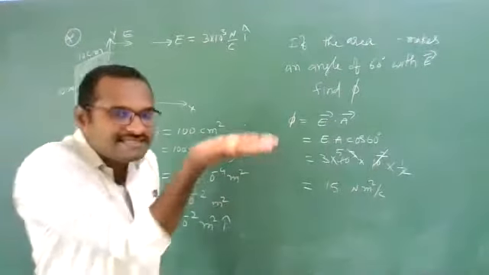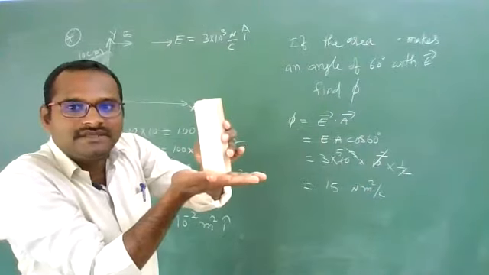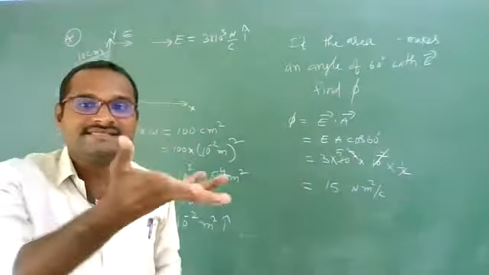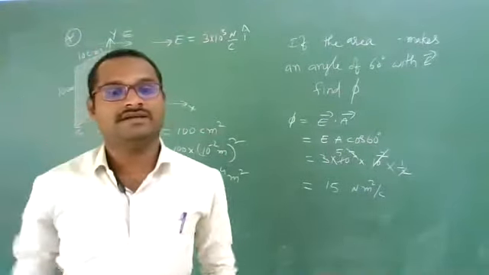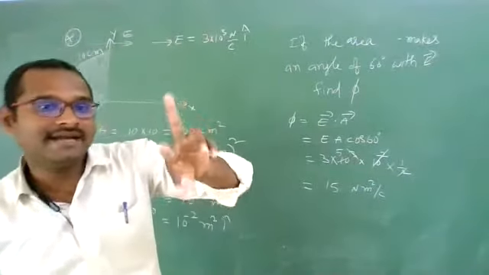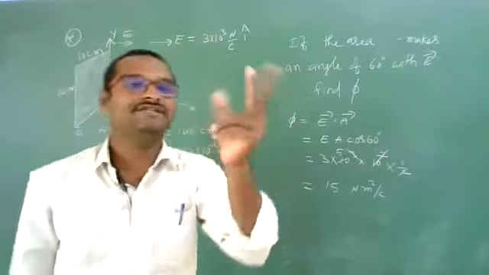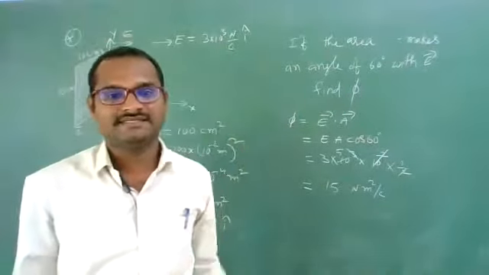See, this is area and this is the area vector. If area vector is given, direct formula we can apply. If area makes angle 60 degrees with electric field, then how much angle will area vector make? As you know, area and area vector are perpendicular to each other. If area is making an angle of 60 degrees with the electric field, then area vector will make 30 degrees.